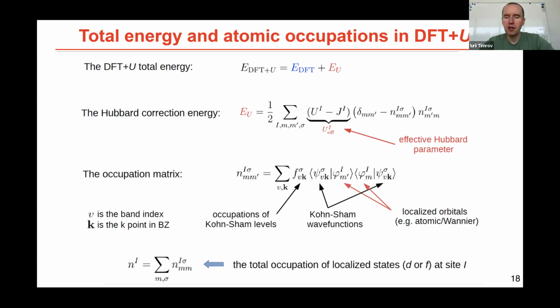But occupation is needed in the formulation of DFT plus U because in iron oxide, we want to correct 3D electrons because they are over-delocalized. All the rest of the electrons we don't want to touch.